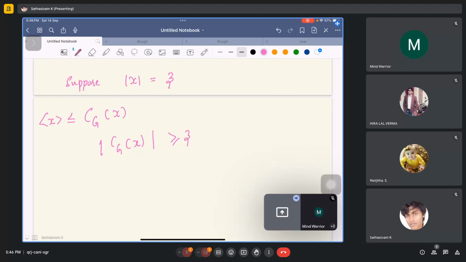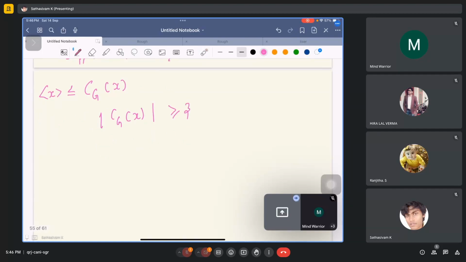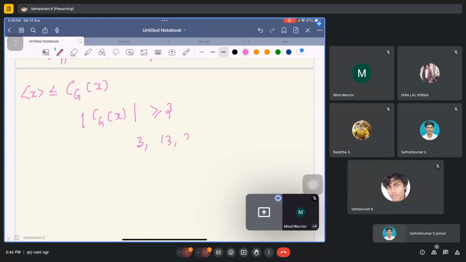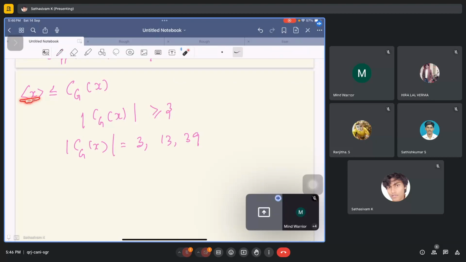But the cardinality of the centralizer has to divide 39. So the possible cardinality is either 3, 13 or 39. These are the possible cardinalities of the centralizer. It is not 1 because this subgroup is here.